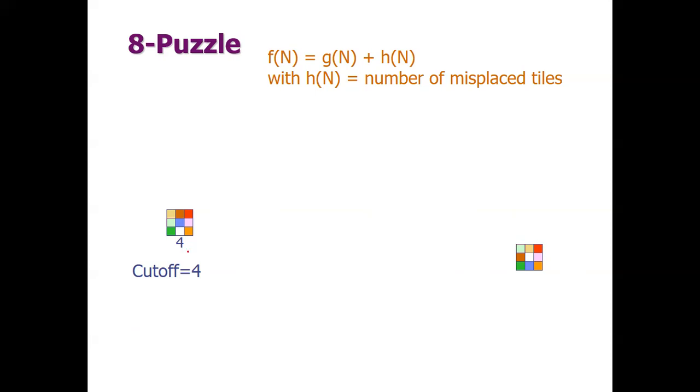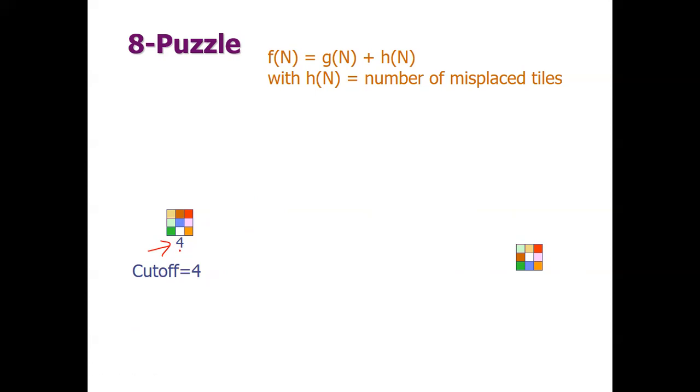Based on that cutoff value, only the states whose evaluation function is less than or equal to the cutoff value will be explored. Other states will not be explored. And later, in the next round, the cutoff will be increased. So here is an example for that.